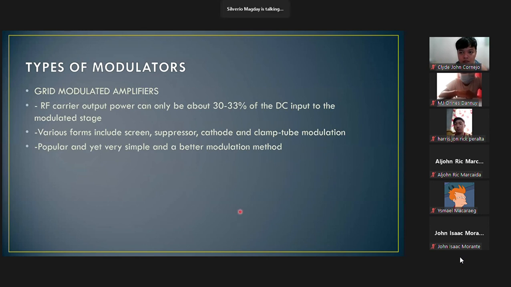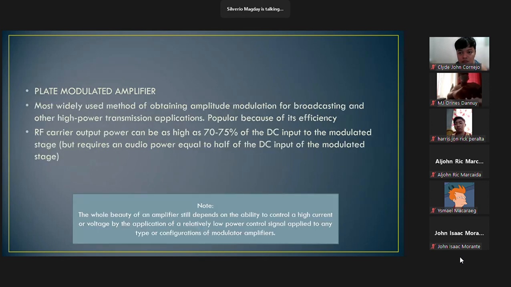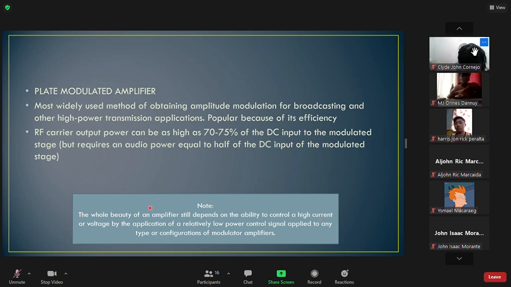Types ng modulators. So ginagamit sa mga AM modulators, we have grid modulated amplifiers. Ito yung RF carrier output can only be about 30 to 33% ng DC input to the modulated stage. Plate modulated amplifier naman, ito, output power can be as high as 70 to 75% ng DC input of the modulated stage.